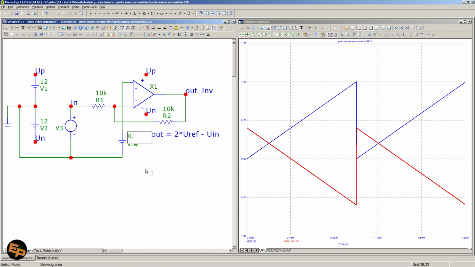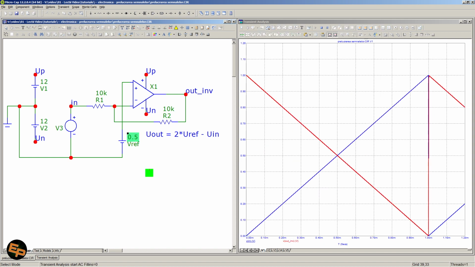So we need to set half a volt for this reference voltage, and that's when we will get this result on the output. The input signal exactly flipped around, and never going below 0 volts. Okay, varying between the same minimum and maximum as the input voltage, but in reverse.